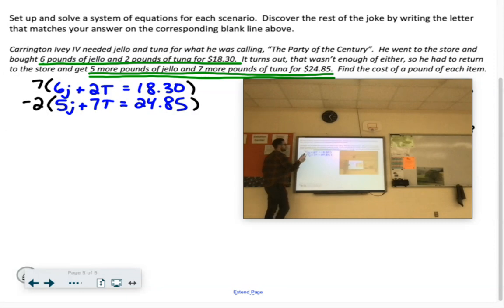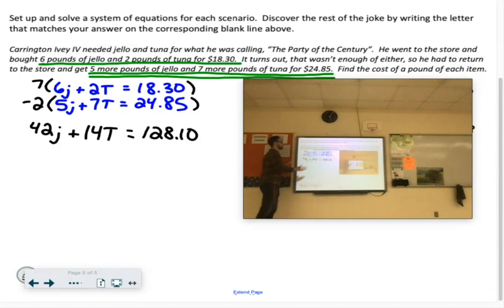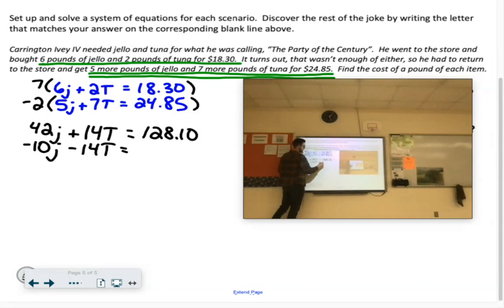So the top line times 7: 7 times 6J is 42J, plus 7 times 2T is 14T, equals, I don't know what 7 times 18.30 is, $128.10. Now the other line, we're multiplying by -2, so that would be -10J, -14T, and 2 times 24.85 is -49.7.